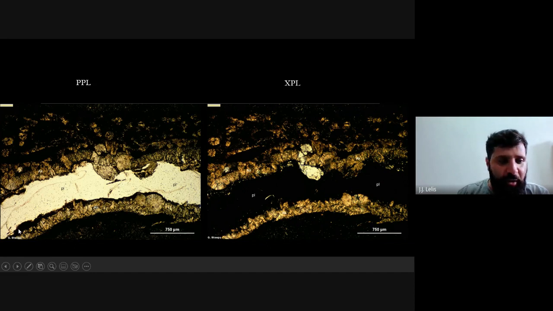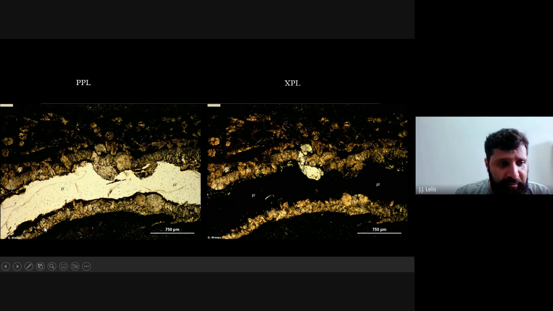The clay particles here are not well organized, and the migration and deposition of the clay particles, the fine fraction, did not occur in calm conditions and did not favor the organization of these clay particles. So they present a dark color and they did not present a different color in XPL.